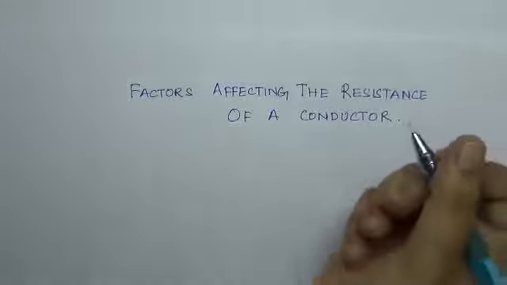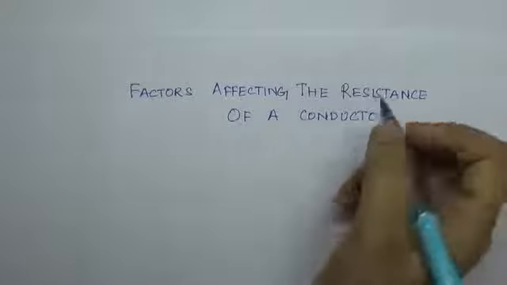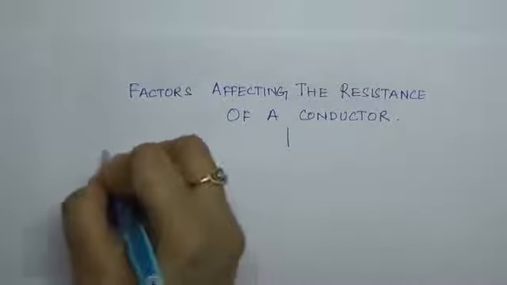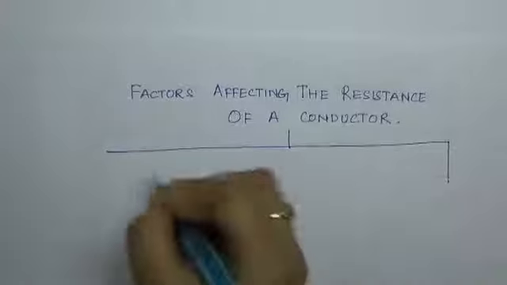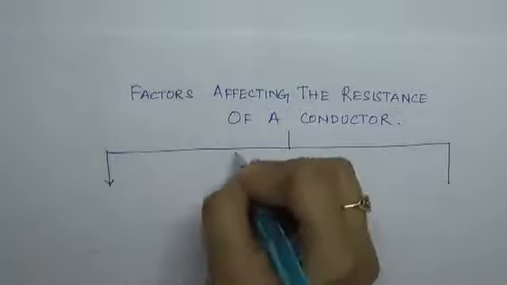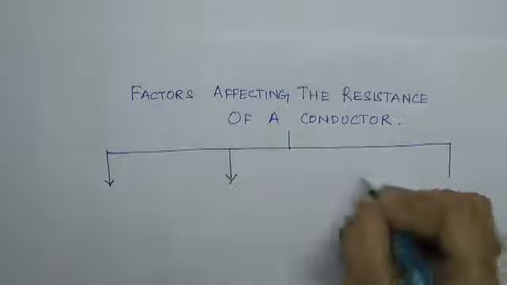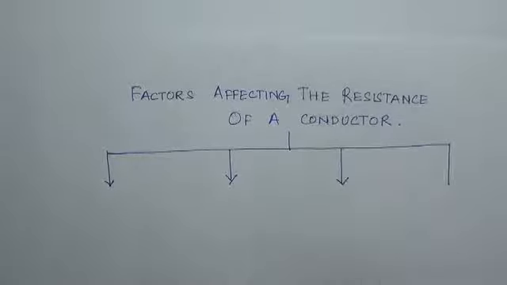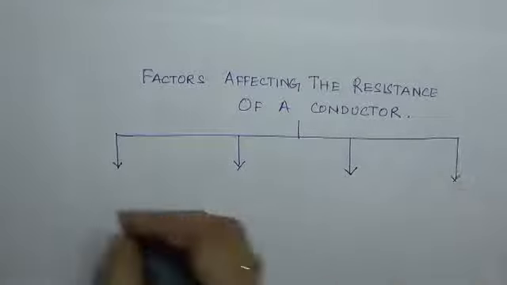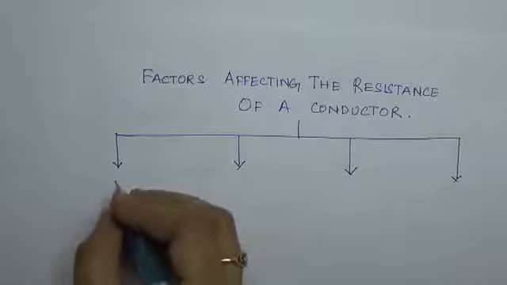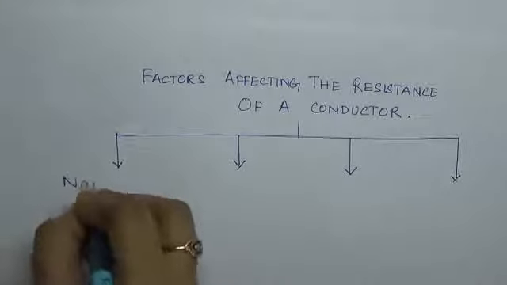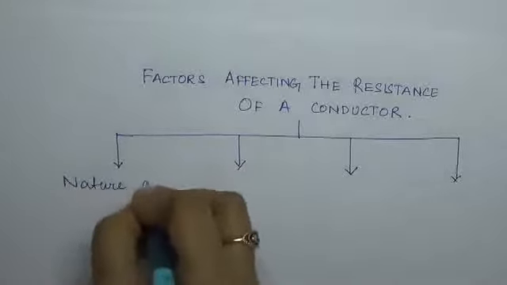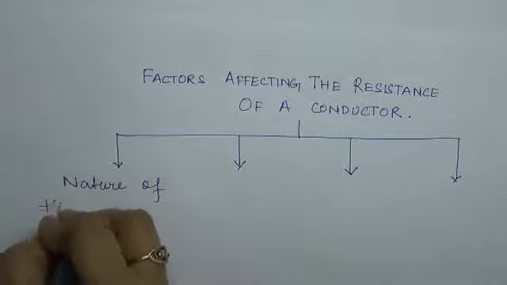Okay, so what are the factors that affect the resistance of a conductor? Altogether there are 4 factors. How many factors? 4 factors. Okay, what are the 4 factors? Number 1, the nature of the conductor.